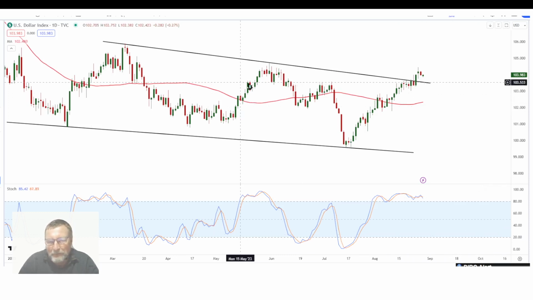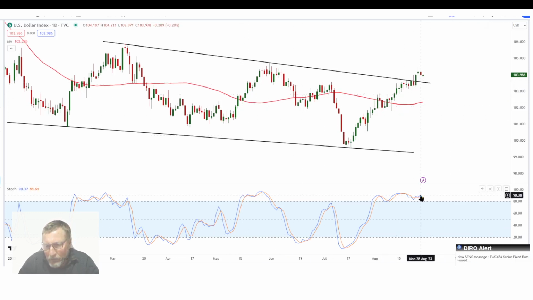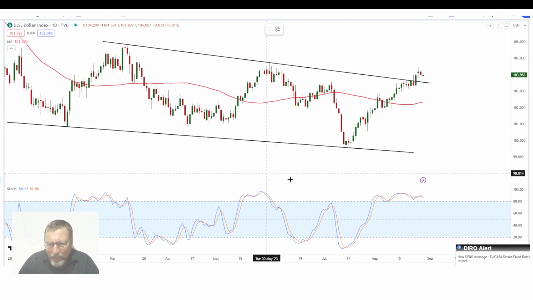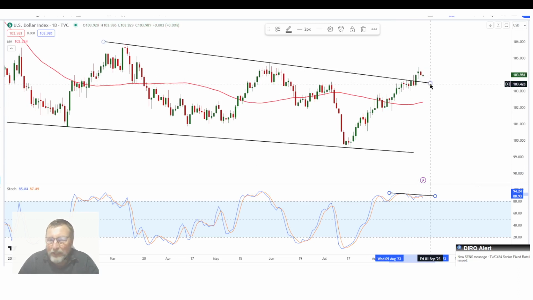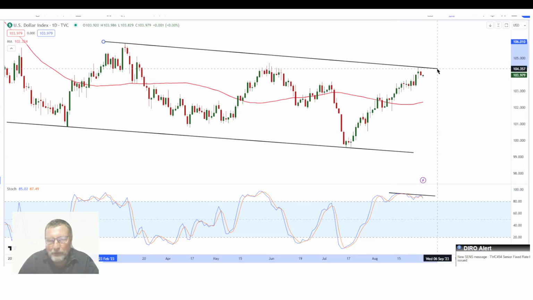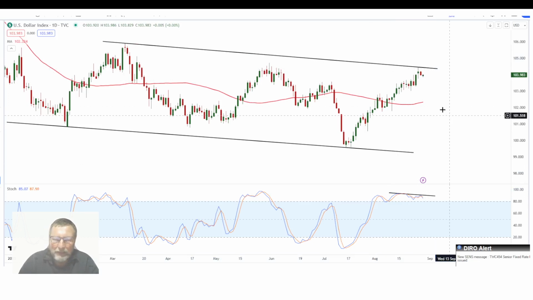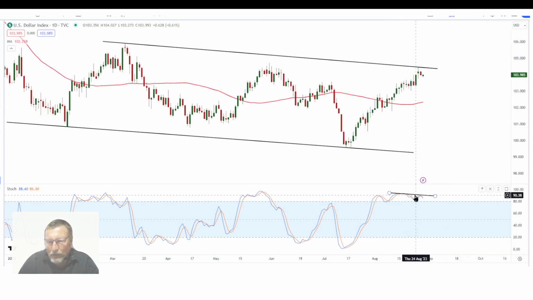Now, if you look at this descending channel here and look at the stochastic, there's a classic divergence here, and that tells me that it's not going to take long for the DXY to move back into this band. Maybe I'm wrong, and maybe some guys will say, Frans, but you must use that line. Doesn't matter. If that's the case, right at the top, divergence.